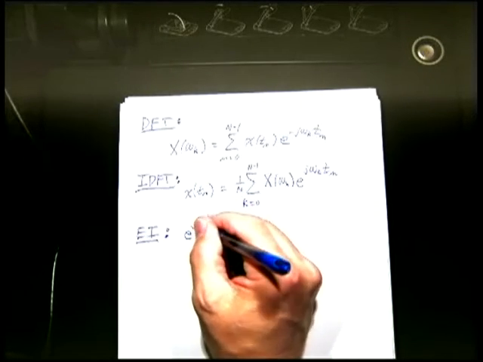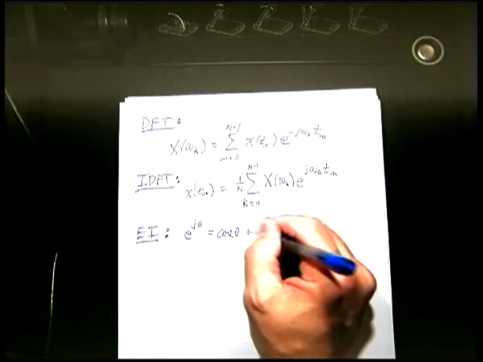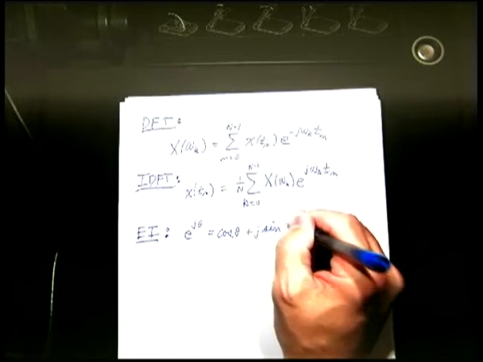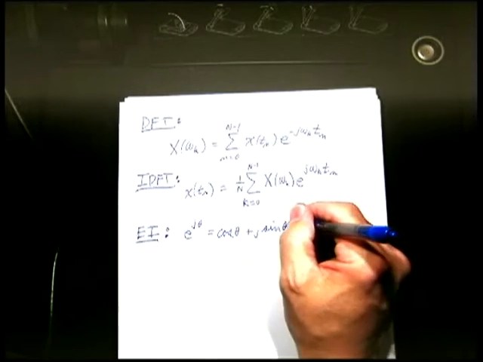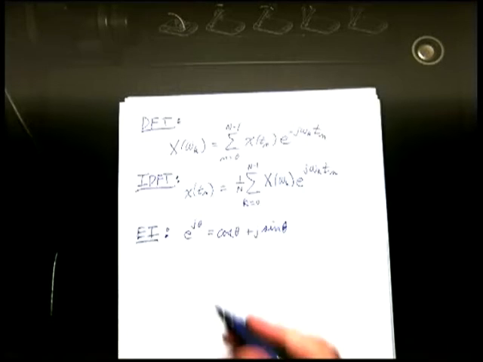And Euler's identity is simply e to the j theta equals cosine theta plus j sine theta. And it was just stated without proof for this section. And we're supposed to be able to manipulate it because we understand how to manipulate exponents and complex numbers. And this led to the polar form of a complex number.